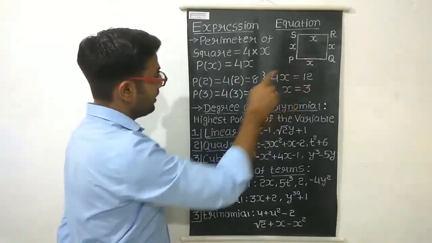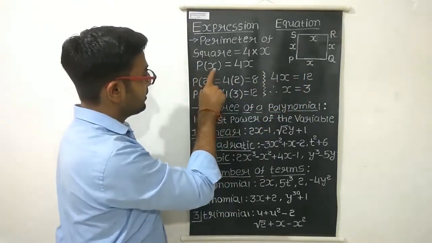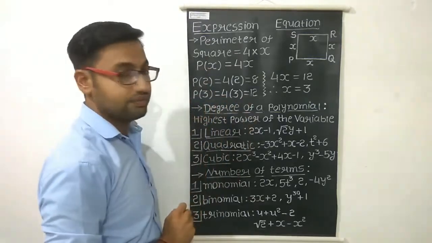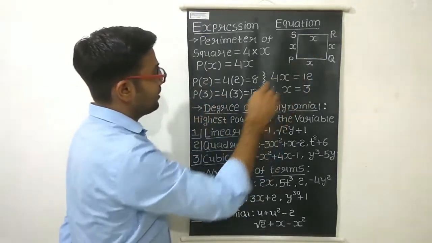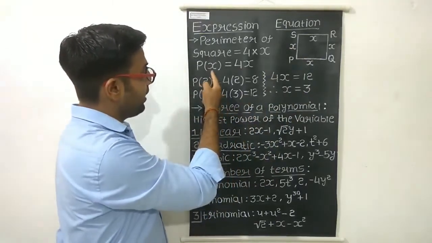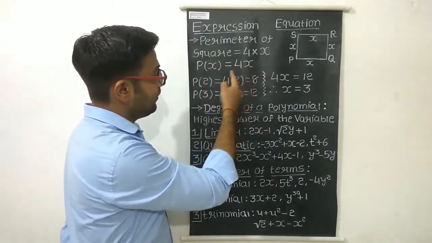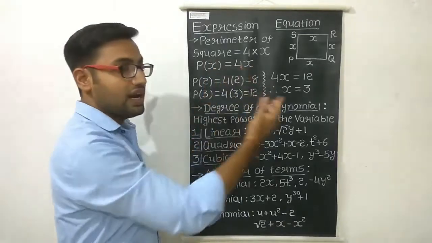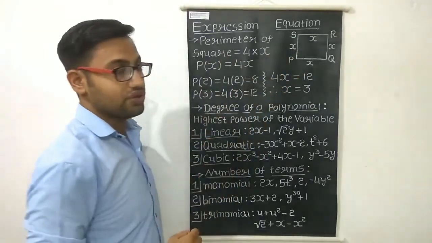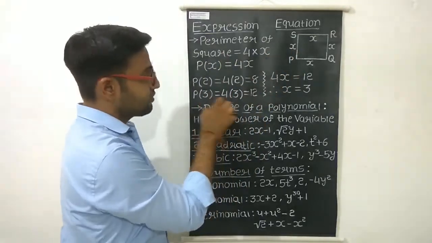If this square is of 3 units, then P of 3 is equal to 4 multiplied by 3, which is 12. Then its perimeter is now 12 units. So as we change the value of x here, we get a different value of 4x on the right hand side. And that is the difference between the expression and equation. Expression has many values.